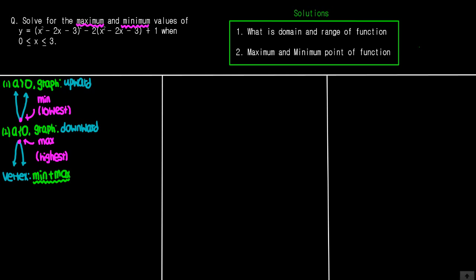So at first we need to think about this as the domain and the range of the function, which we learned in the last video, but we will review it. This will be the third step in order to solve each question. At first, let's think about the domain of our function. The domain of the function is the range of x values.